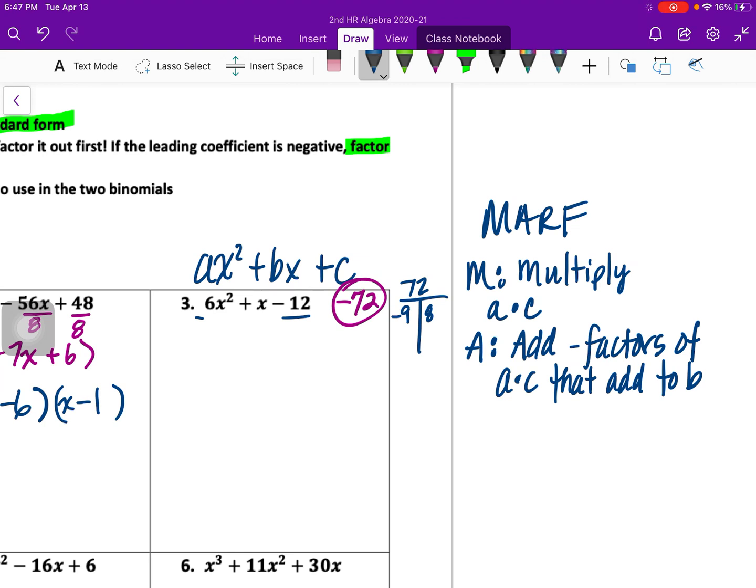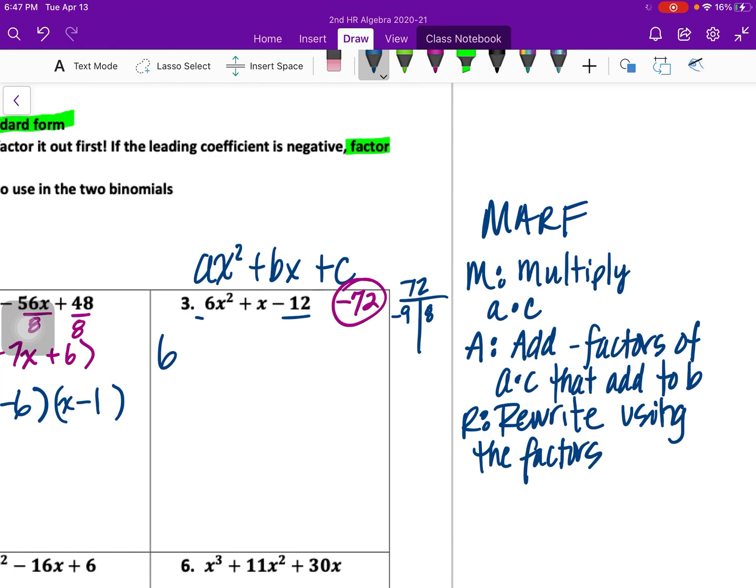Okay, my next step is R, and that stands for rewrite, using the factors. So let's go ahead and do that. I'll show you what I mean by rewrite it. So we're going to write 6x squared. Our minus 12 still stays there, but I'm going to fill in the middle with the factors that I found.